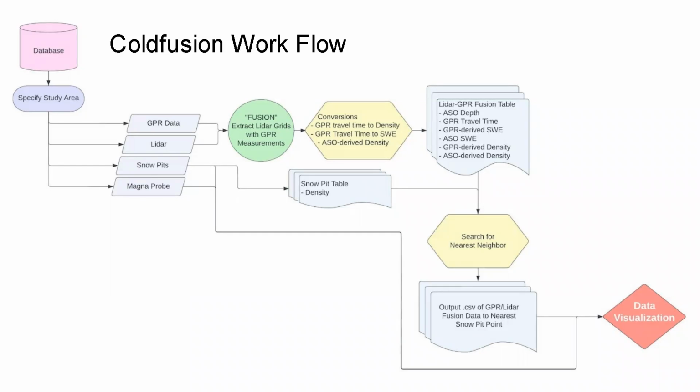A bunch of different conversions happened to that data to get it all in the right formats and able to compare to each other. And from there, we produced what I'm calling our fusion table, which was the table of the fused data. The snow pits were their own table of just the densities. Those 2 things came together for the validation and comparative analysis step. And then the output of that is going to be CSV or PKL or some type of file that can then be used for the data visualization steps.